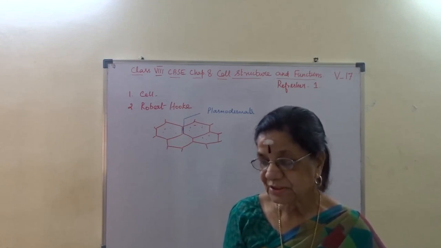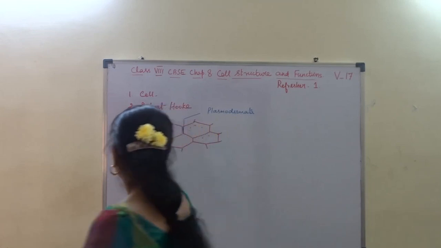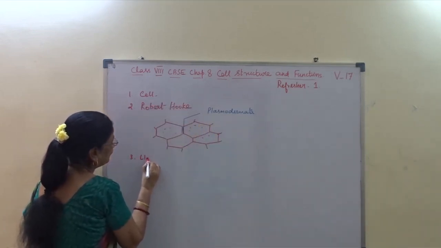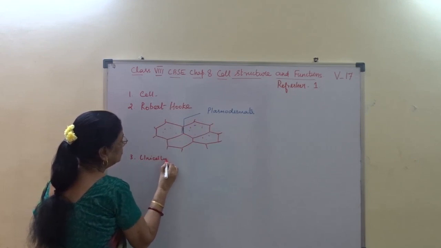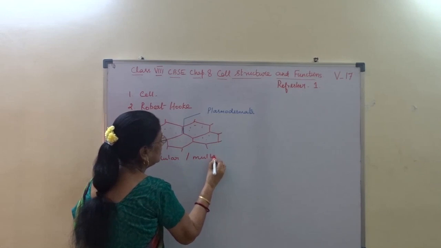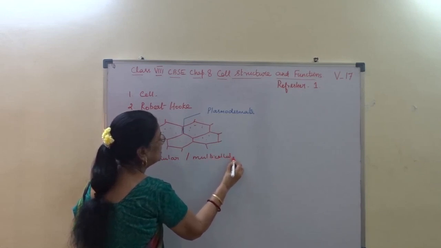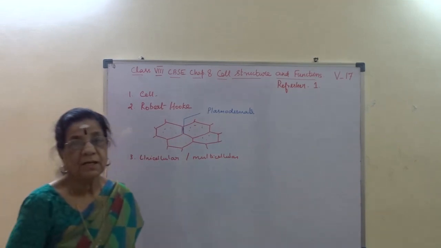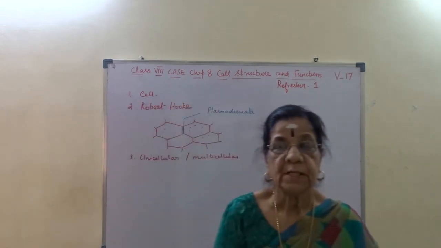Based on the number of cells, organisms are unicellular and multicellular.